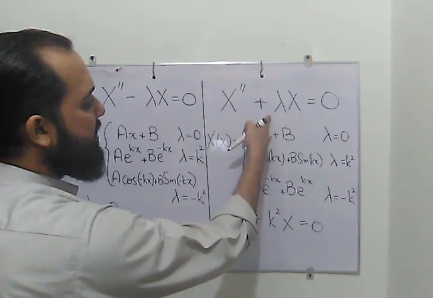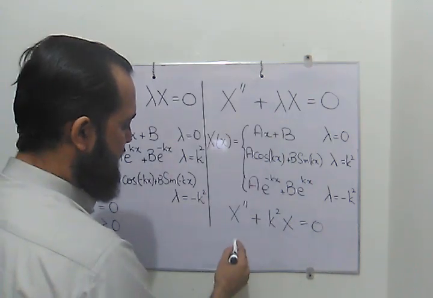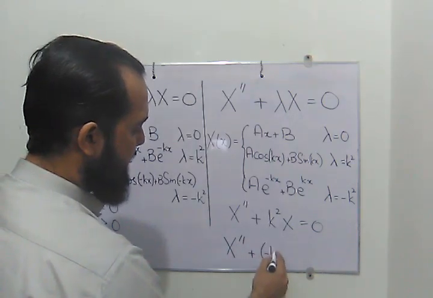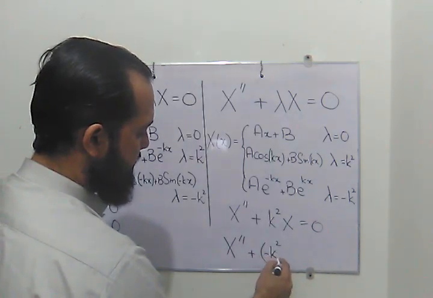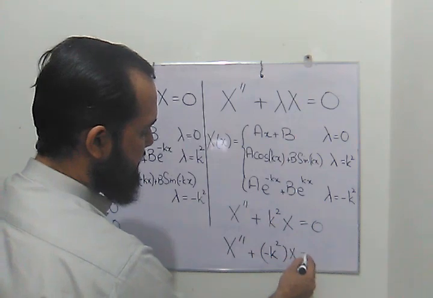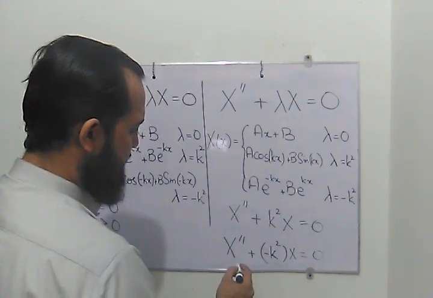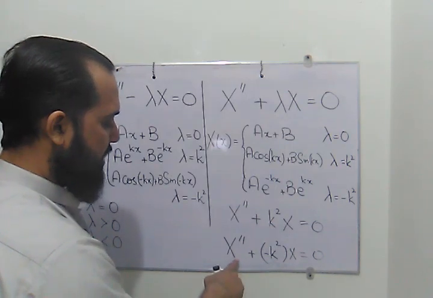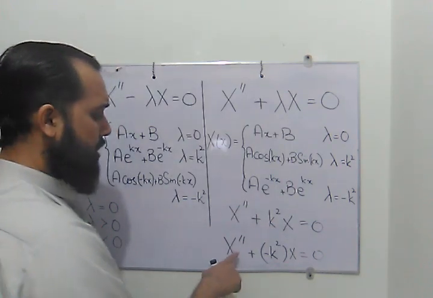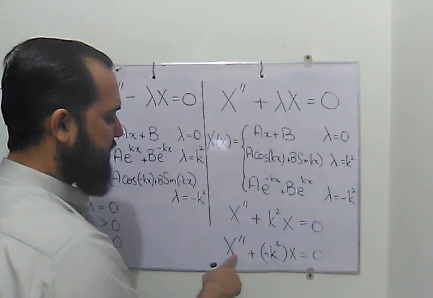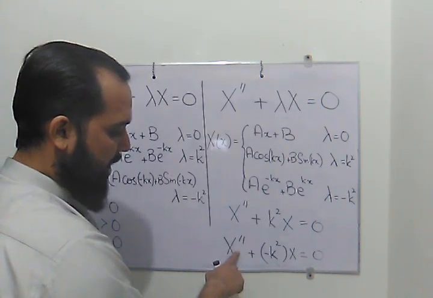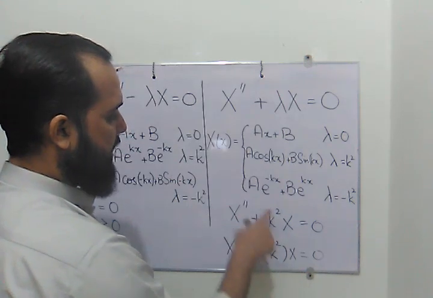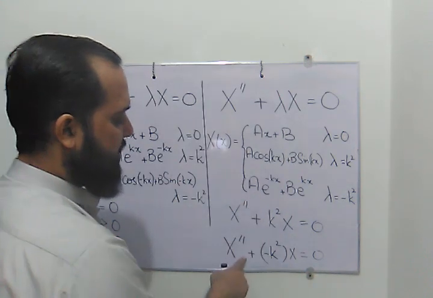If we consider the value of lambda negative, the equation will take the form minus k square x is equal to 0, which is x double prime minus k square x is equal to 0, then this solution will satisfy this equation.